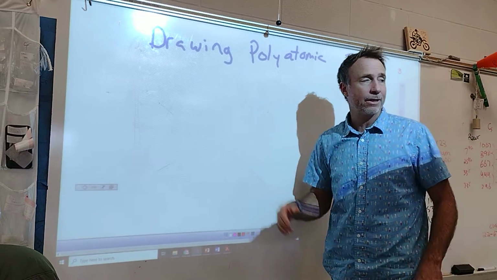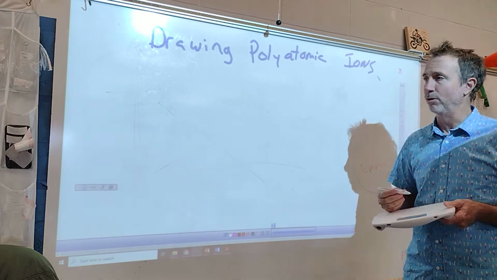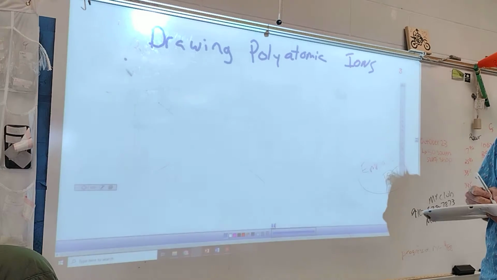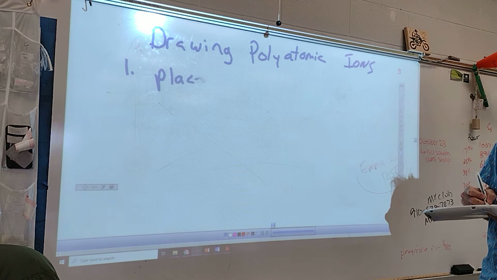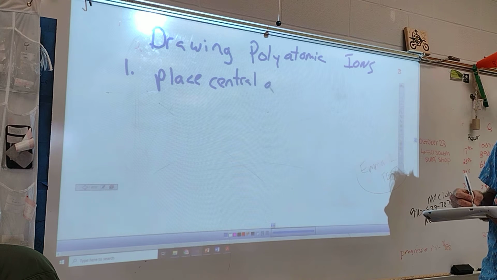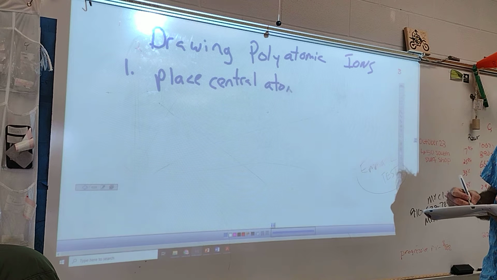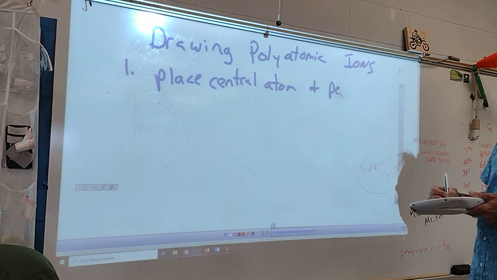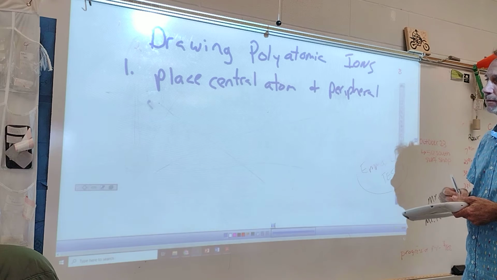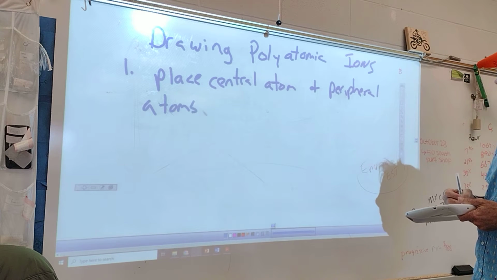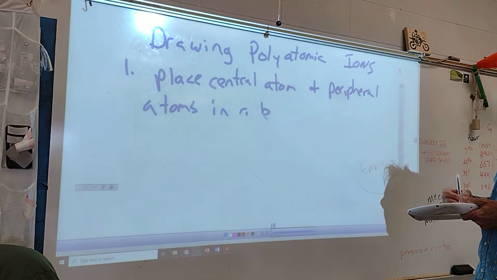When we draw polyatomic ions, all right, number one, we place the central atom and the peripheral atoms in a bracket. All right?